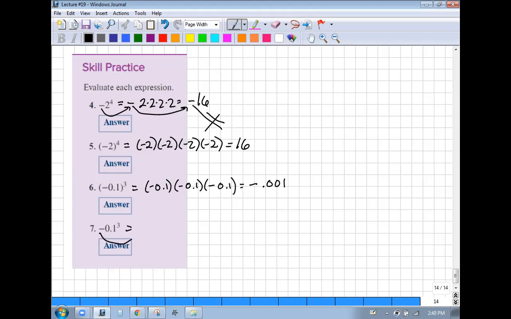This one, we have a minus sign, and we have 0.1 times 0.1 times 0.1. We have our minus and then 0.001. All right, so these happen to be equal, but it's just by coincidence, right? This one, we had 3 minuses, which is the same as a single minus. This one, the single minus sign just stayed till the very end.